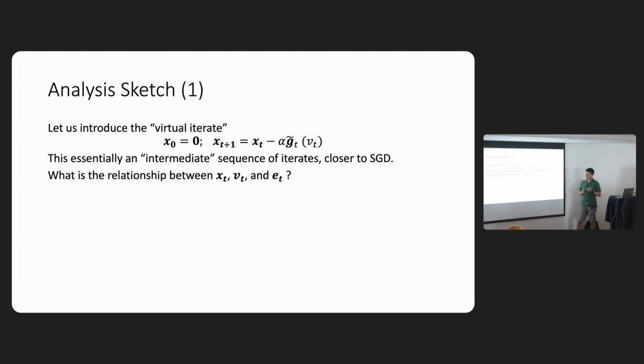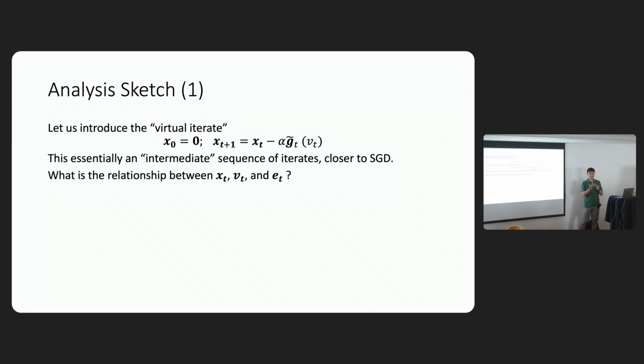Like we cannot show direct guarantees for it. Okay? All right. So then, a reasonable question at this point is, we have essentially 3 major players in this algorithm. We have vt, with respect to which gradients are generated. We have the error, which is this weird thing that we're keeping around without knowing really why.